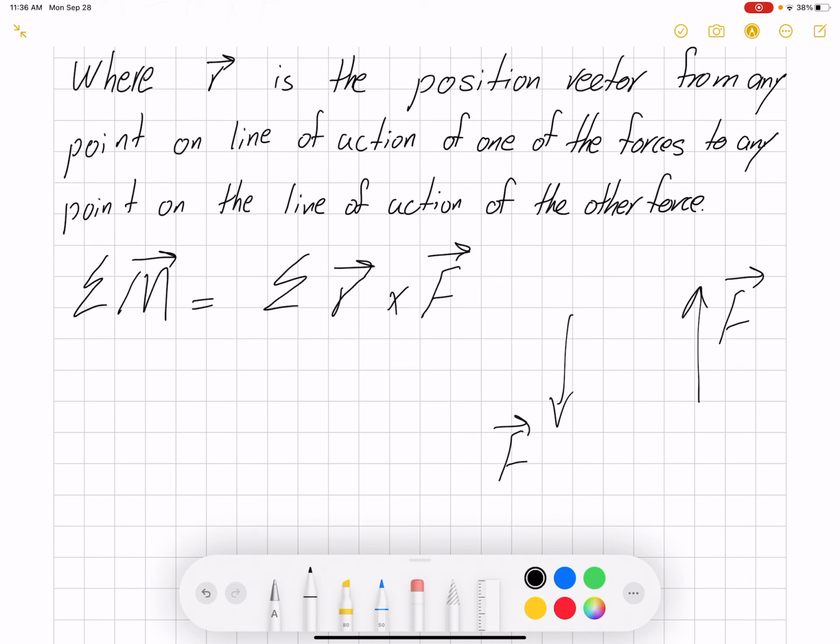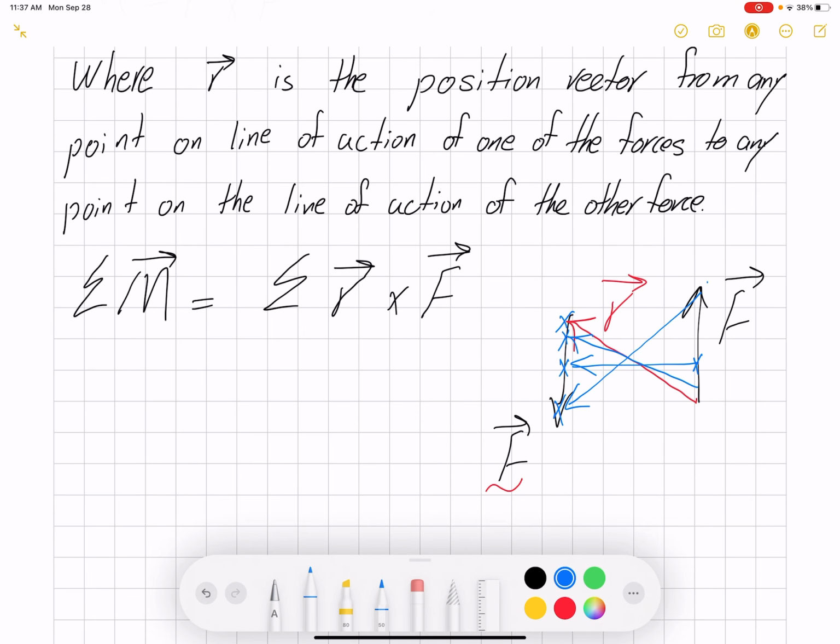Your option for the position vector could be here, R cross this F. It could be this one, could be any position vector you want from the line of action of this force to the line of action of the other force.